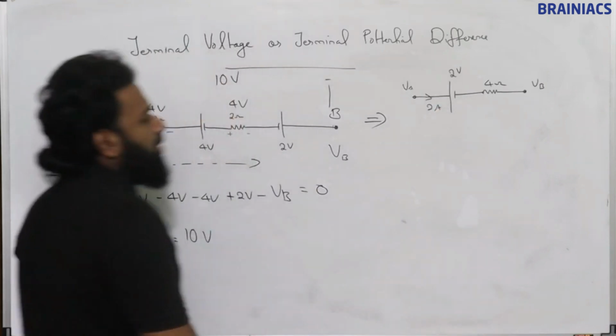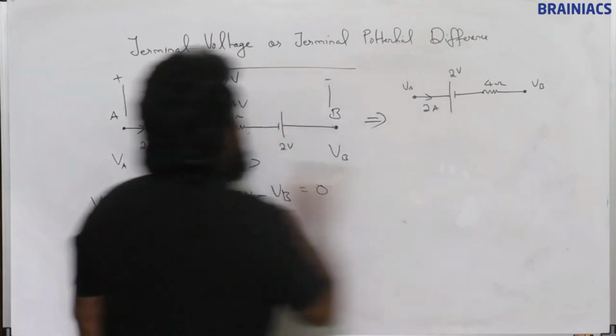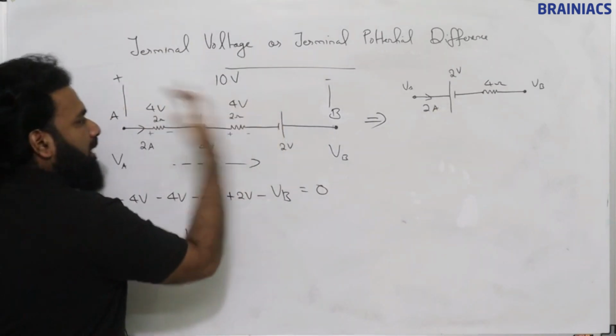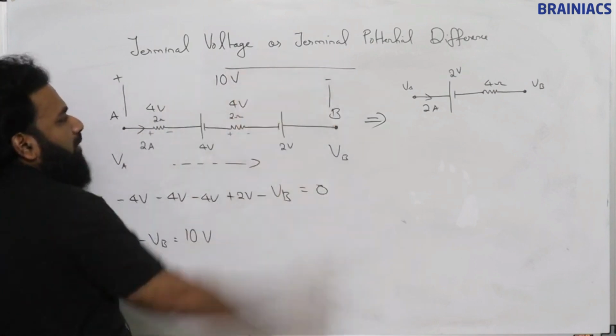I can assume here. I can understand the same amount of current will flow because the two batteries are connected like this. One amount will be cancelled by the other, and this is a series connection also, so the same amount of current will flow.